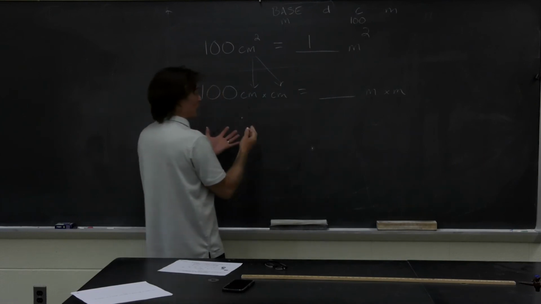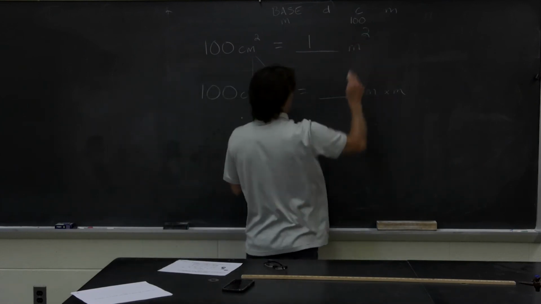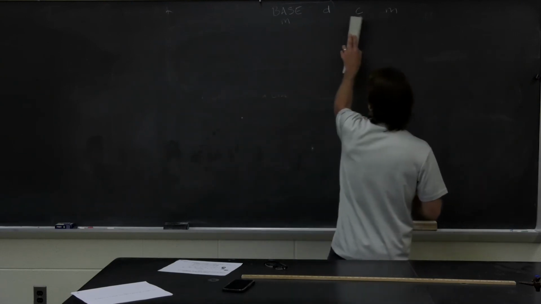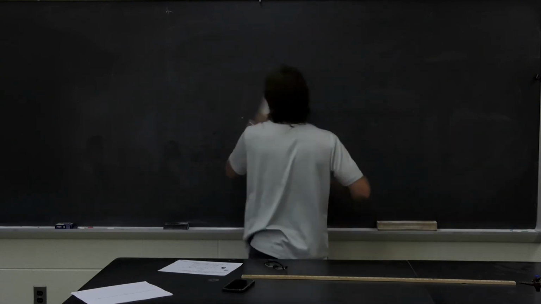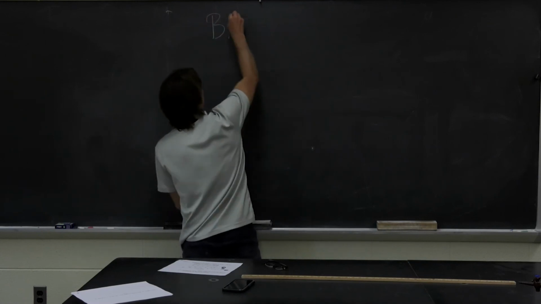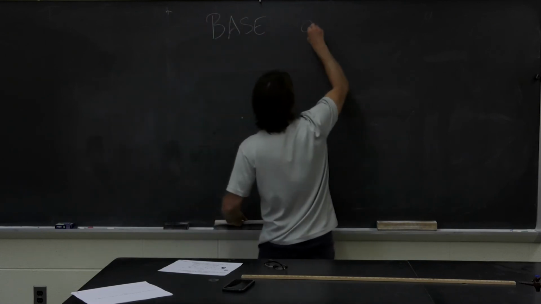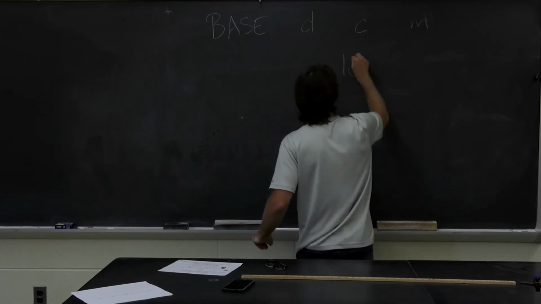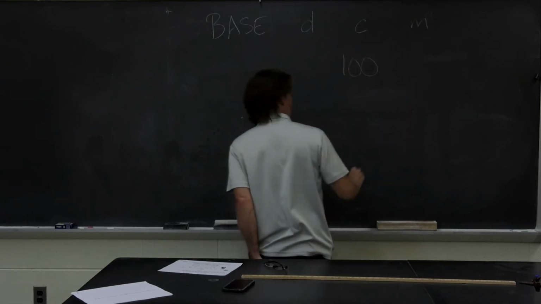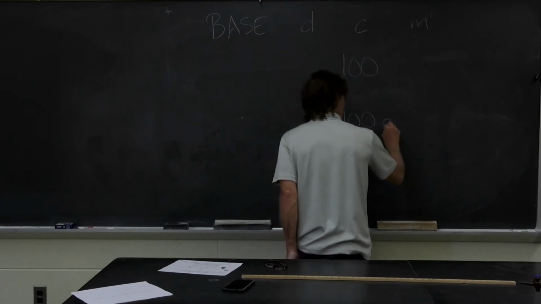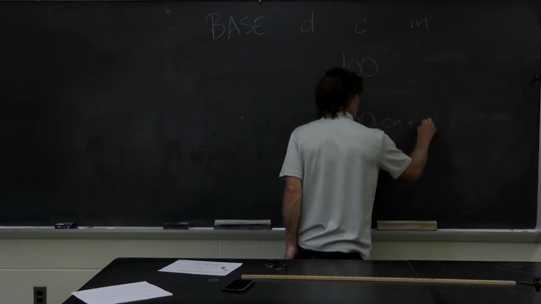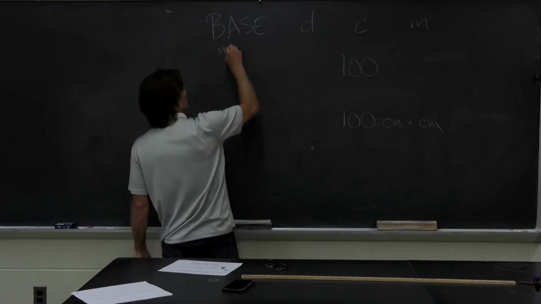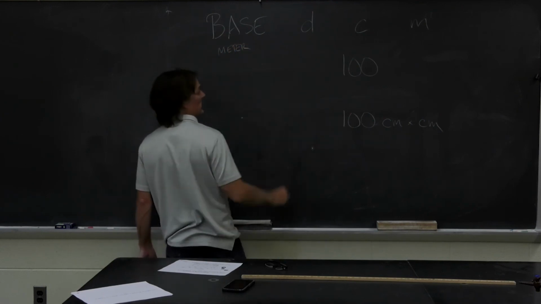So to do this appropriately, let me back this up so we can see it a little more clearly. I'm just going to draw it a little bit bigger. Base, deci, centi. So I've got 100 centimeters squared, and I want to move this to meter squared.